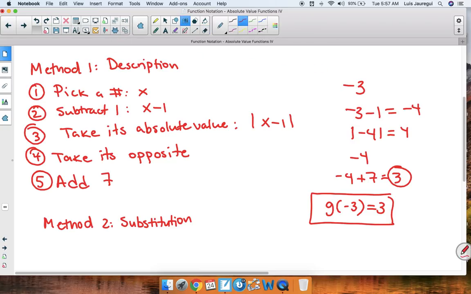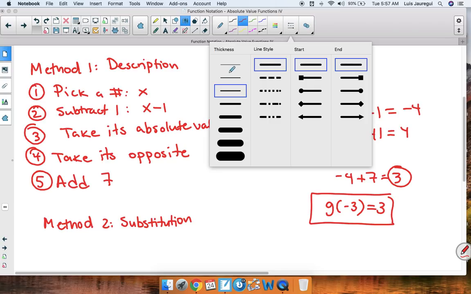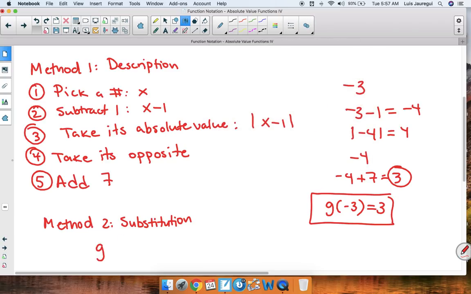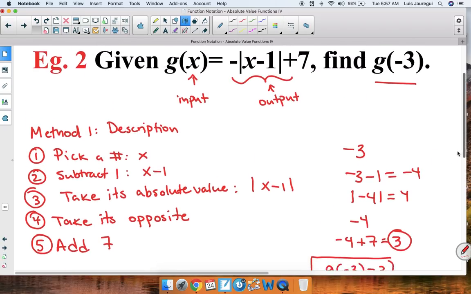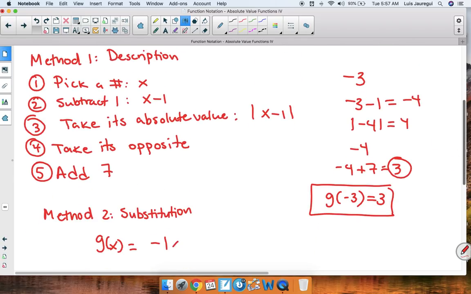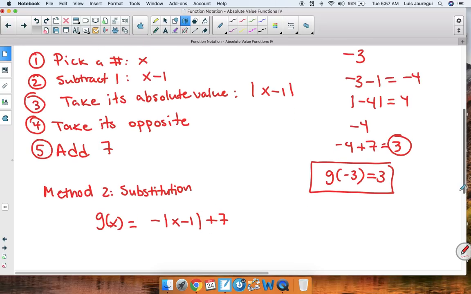In this case, we're going to use just g of x to be consistent. So we have g of x is equal to, well, going back a little, it's the opposite of the absolute value of x minus 1 plus 7. And what we're going to do is to substitute in -3 for any x that we see in there.